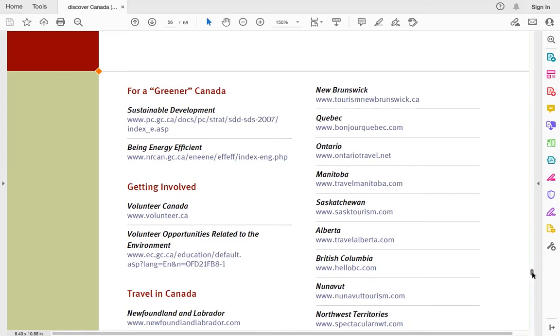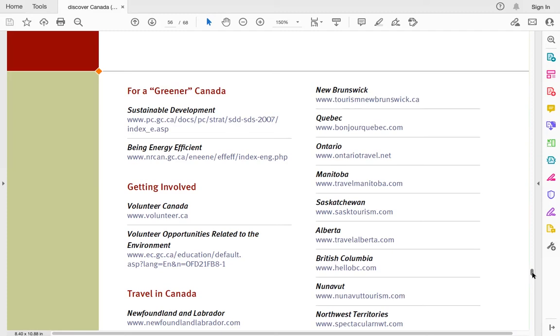Saskatchewan, www.sasktourism.com. Alberta, www.travelalberta.com. British Columbia, www.hellobc.com.